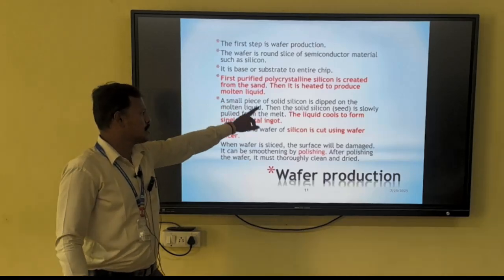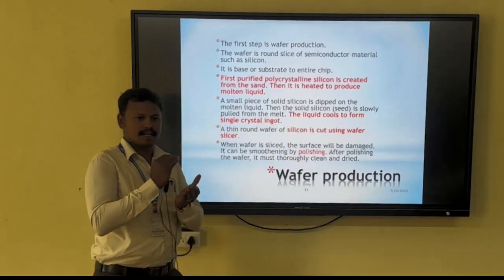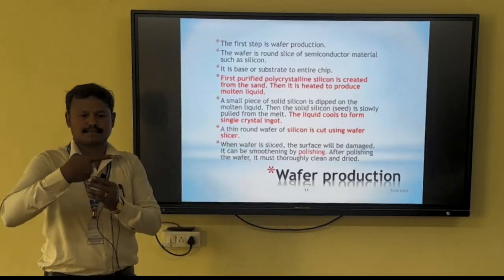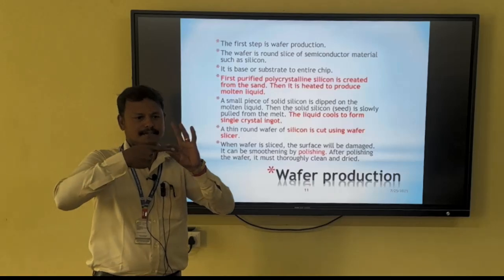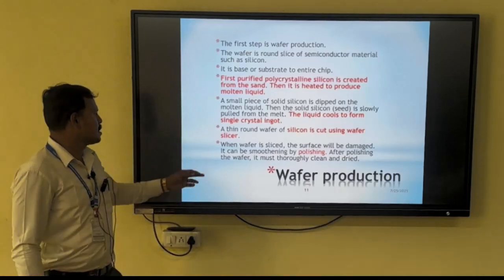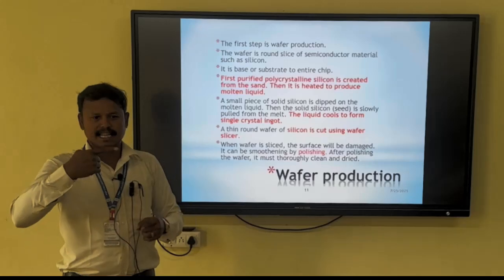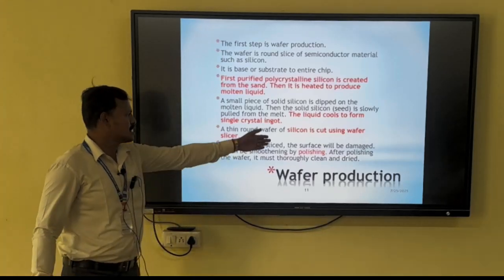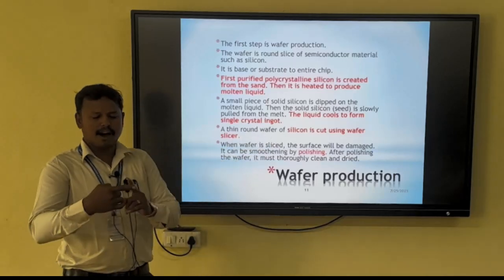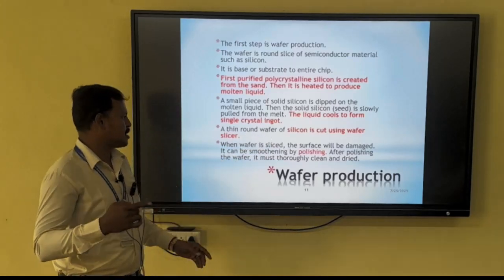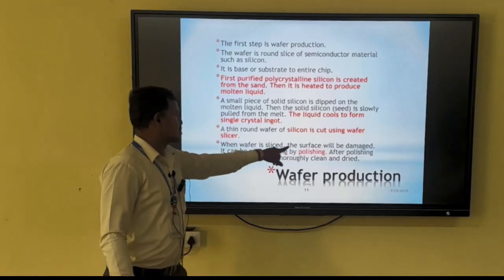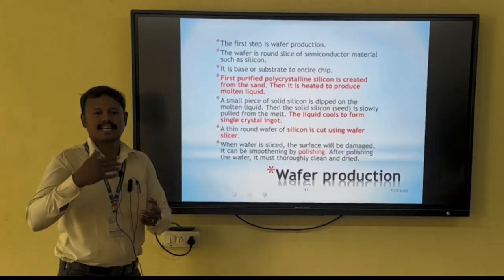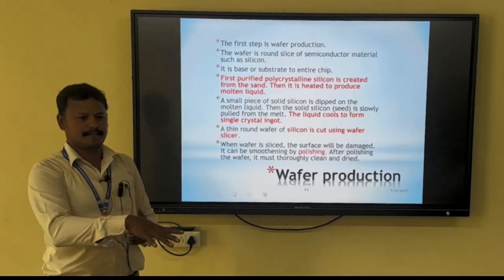That liquid is slowly cooled, and then a crystal ingot is formed. Ingot means this shape and size. Then that ingot is sliced. After slicing, the wafer has some damage or scrap, so then the wafer is polished.